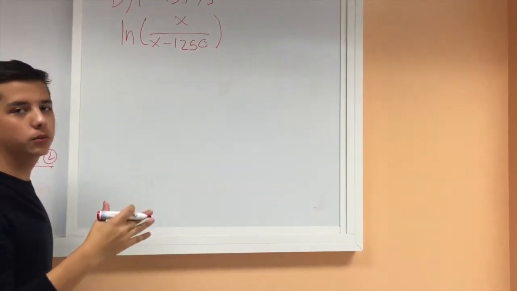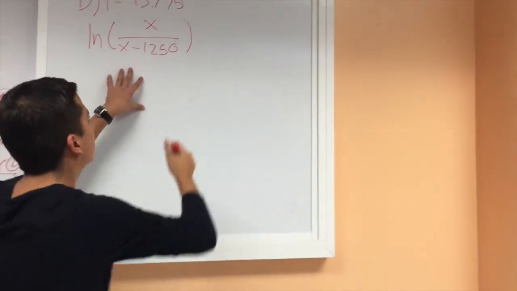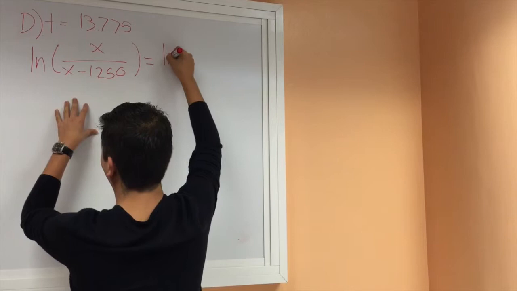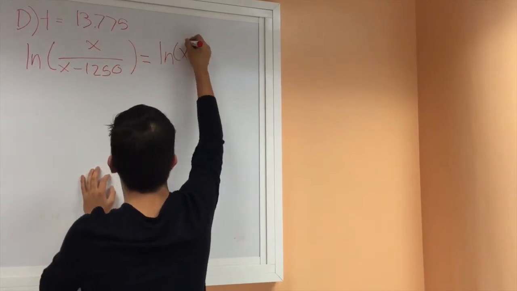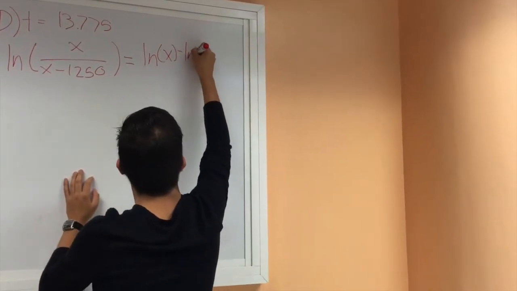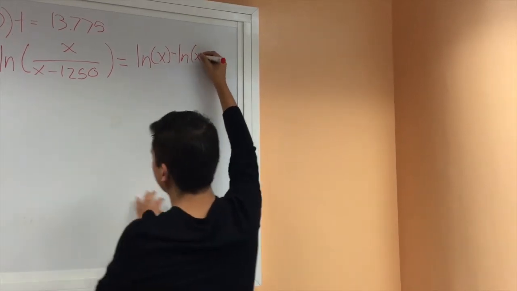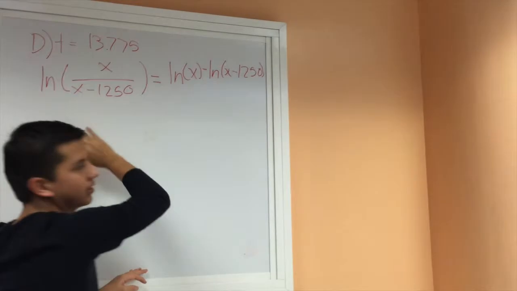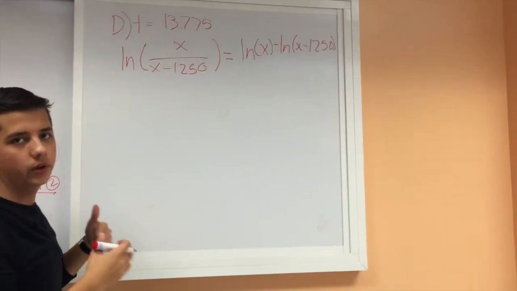Now we are going to put this formula in an easier way, which is ln x minus ln of x minus 1250, which is the same but in a different way.